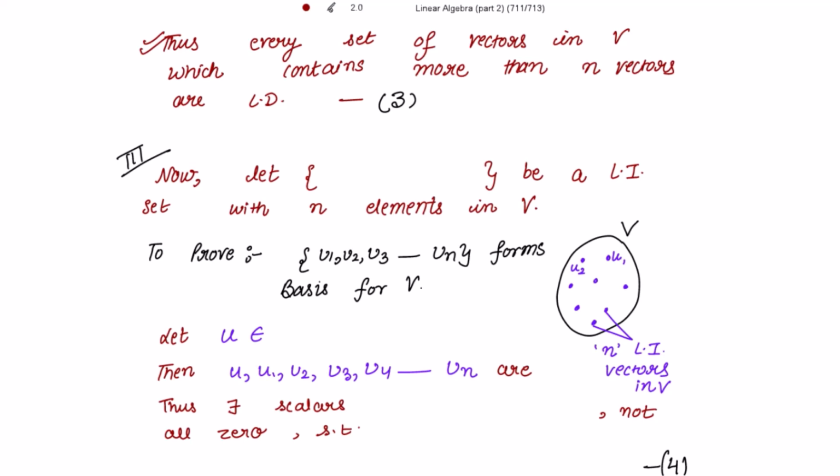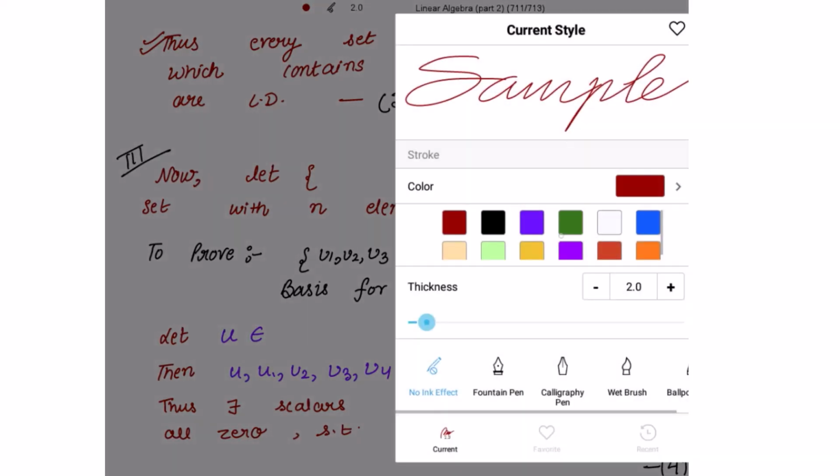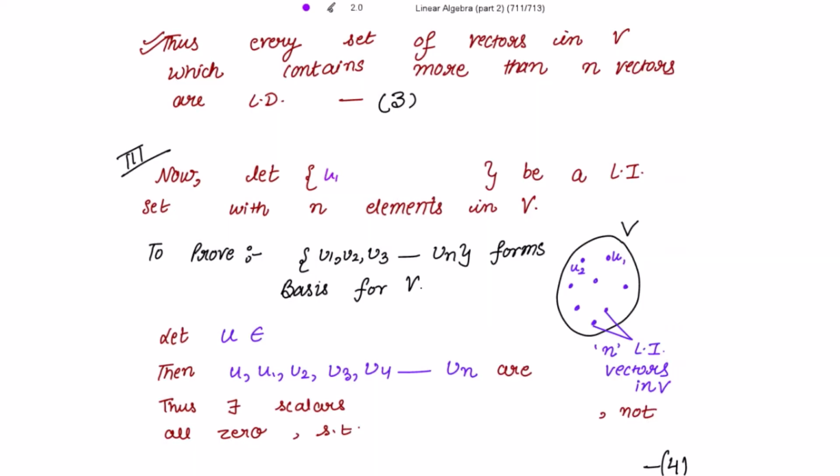So it is given to us, let's have a number of linearly independent vectors n. So I'm writing, let U1, U2, U3 up to Un be the linearly independent set. This is given to us with number of elements n.